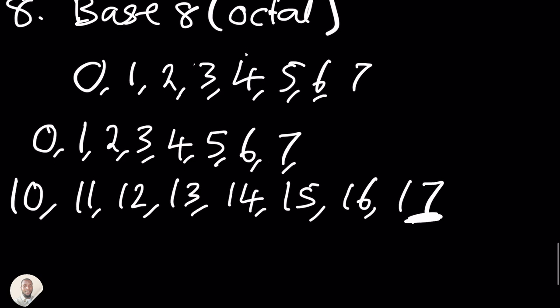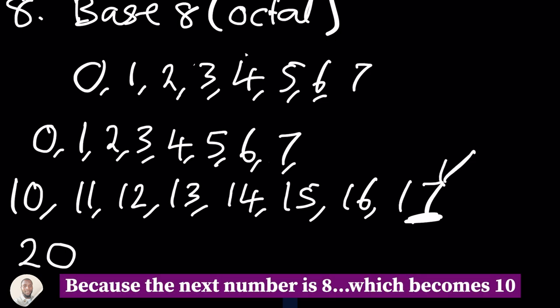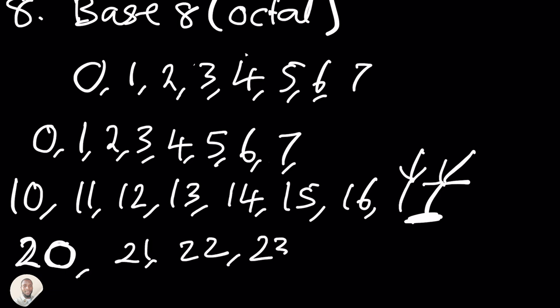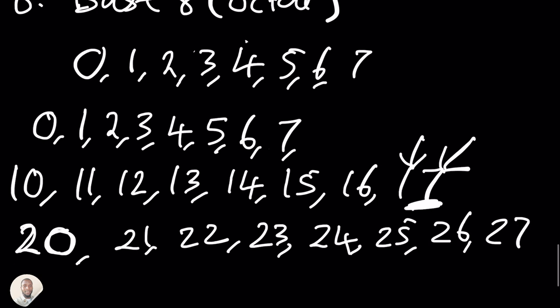So the next one becomes what? 20. How does it become 20? Because this 7 here becomes 10, right? So you write the 0, then you add 1 to the next place value, which becomes what? 2. Do you see how it is? Then next becomes what? 21, 22, 23, 24, 25, 26, 27, right?